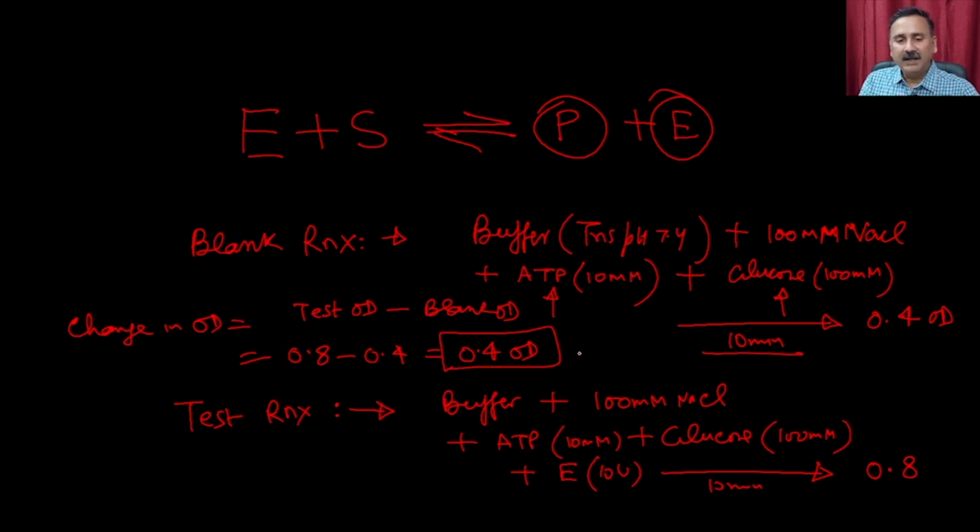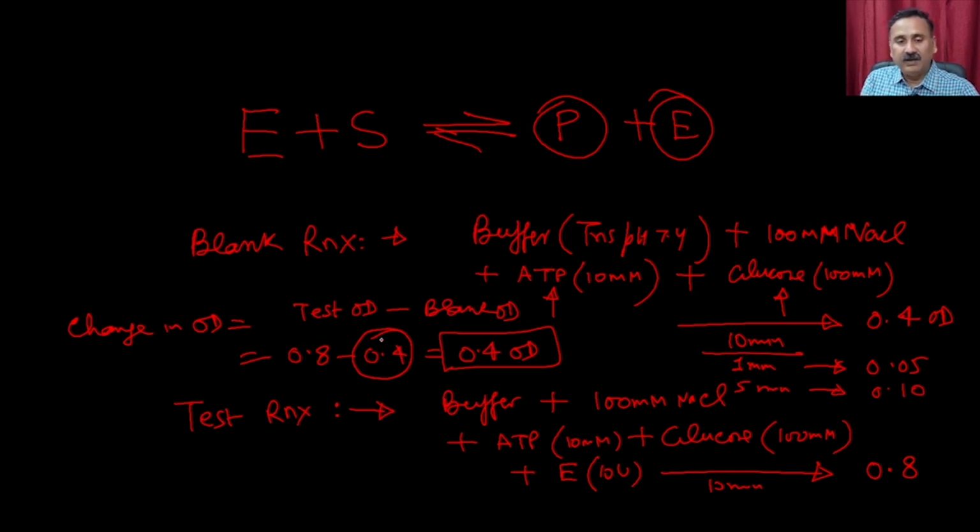And this is what you are going to calculate at every time point, like 1 minute, 2 minutes, 5 minutes. What you will see is that this value is also going to change. For example, after 1 minute I may have a value of 0.05, after 5 minutes a value of 0.1, and so on.